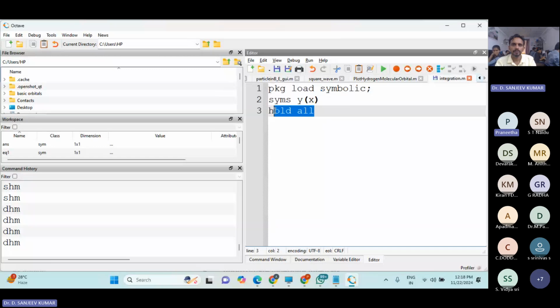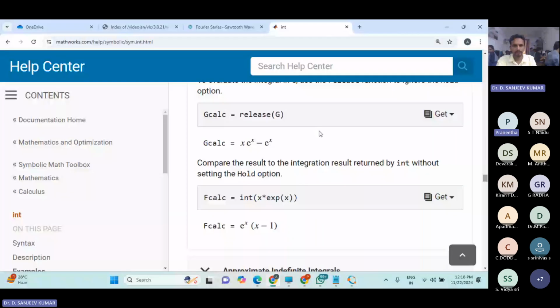And I'm defining symbolic function y of x. So here y is what? X e power x.